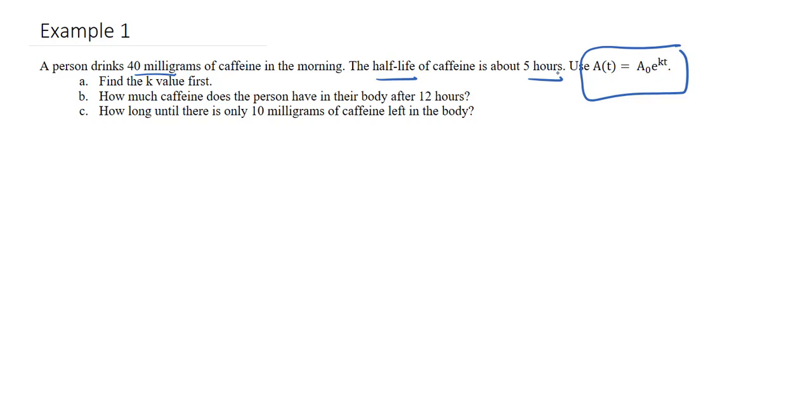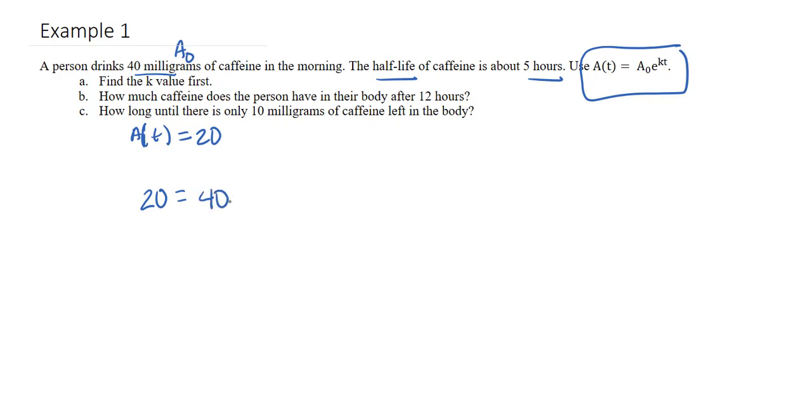So we actually have a lot of information. So this will be our starting amount. And then the amount at a certain time is going to be 20, because we're going to look at 40 and 20.